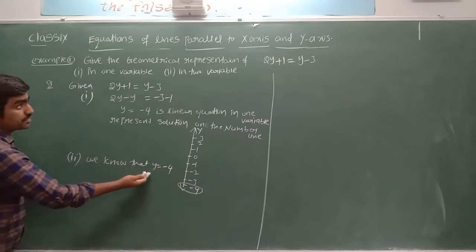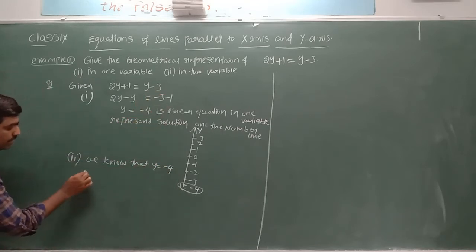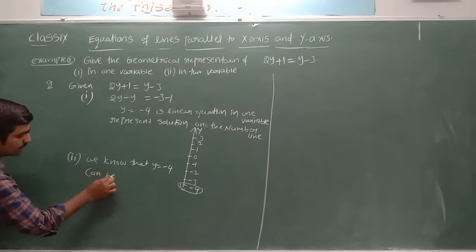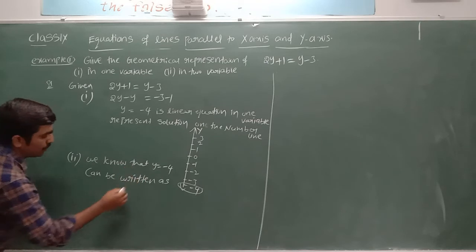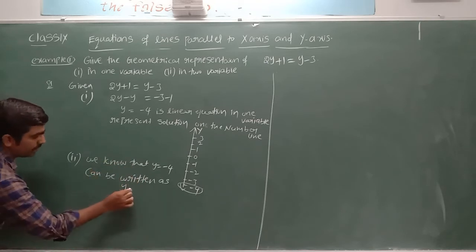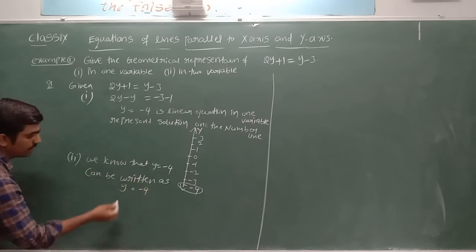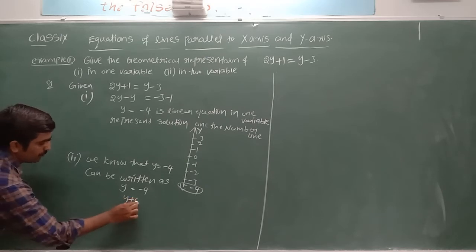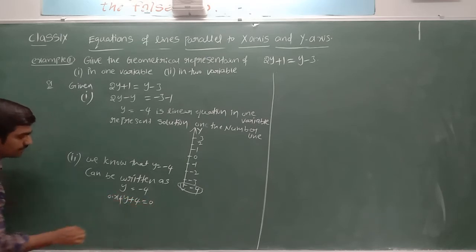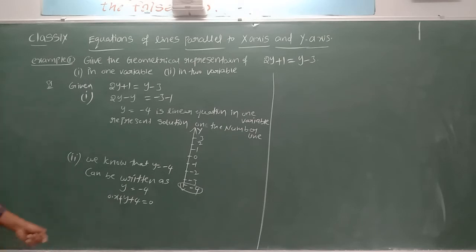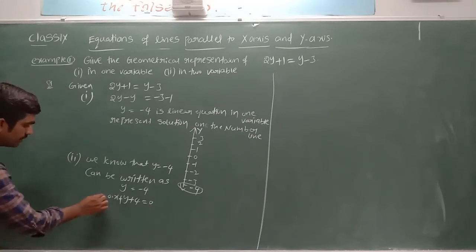So how can I write this in terms of two variables? This I can write as y plus 4 is equal to 0. I can write more: 0 into x plus y plus 4 is equal to 0.